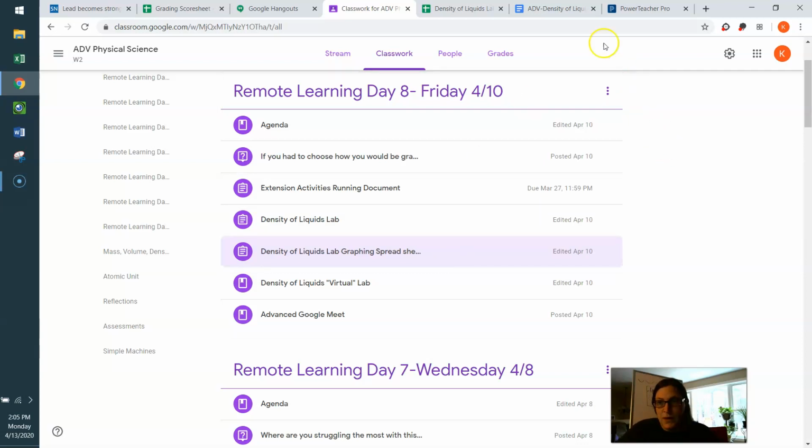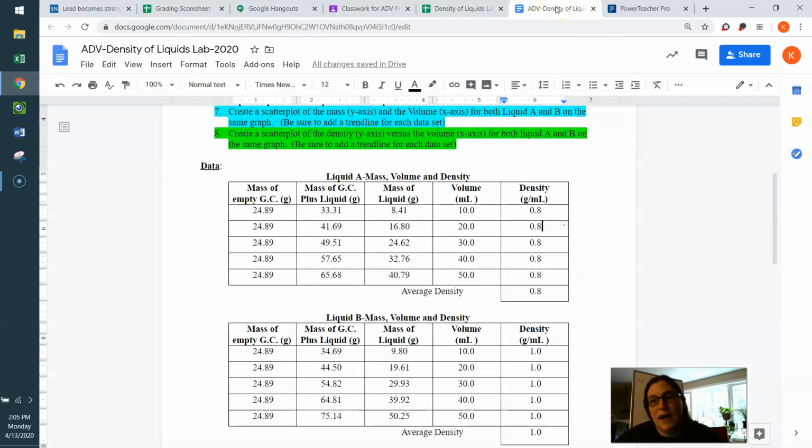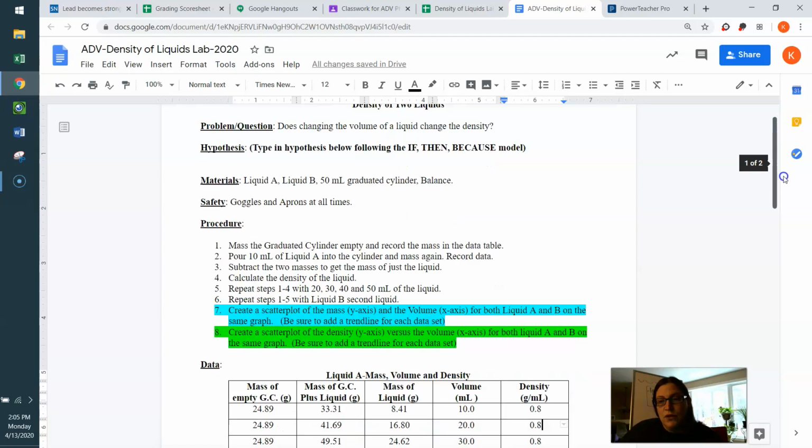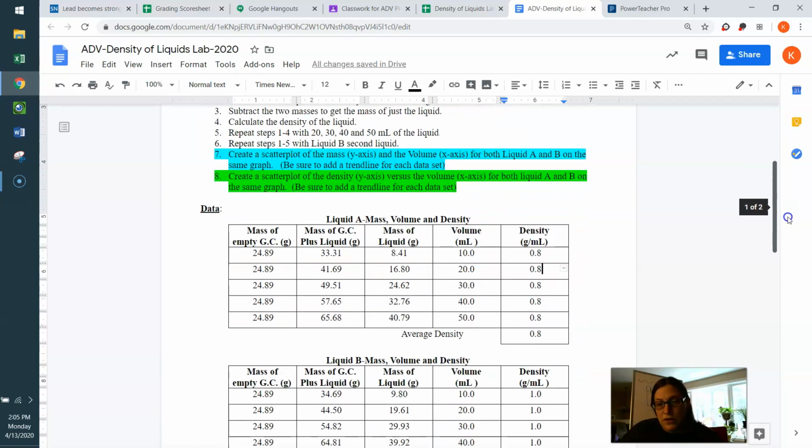So when looking at our density of liquid lab, you should have your hypothesis in there. You should have, at this point, all of your data recorded by watching that virtual lab and reading the balance of the empty graduated cylinder, which you can see here.